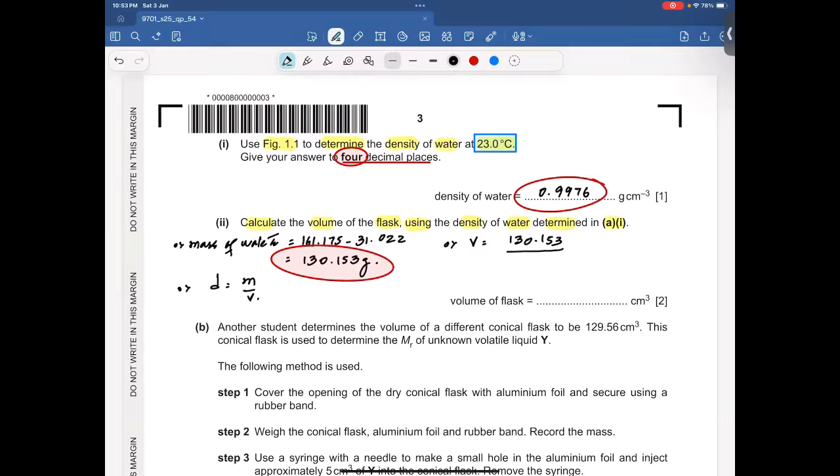The density at 23 degrees Celsius is 0.9976. So the volume is going to be 130.5184 cm cubed. I hope it makes sense to you.